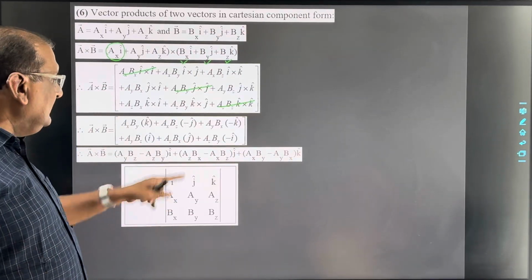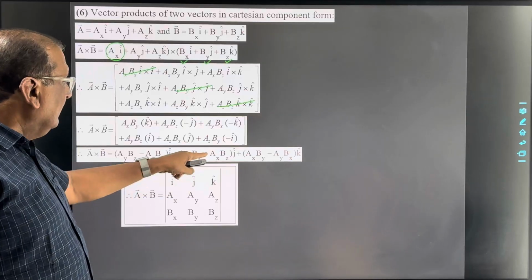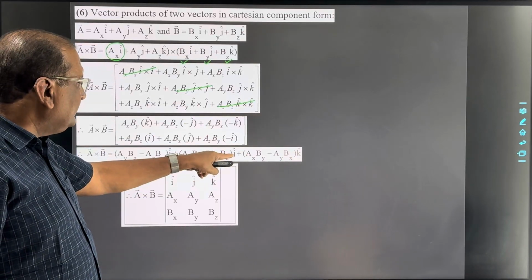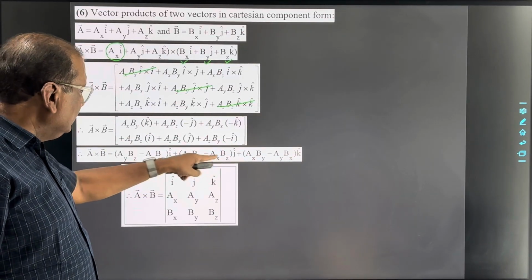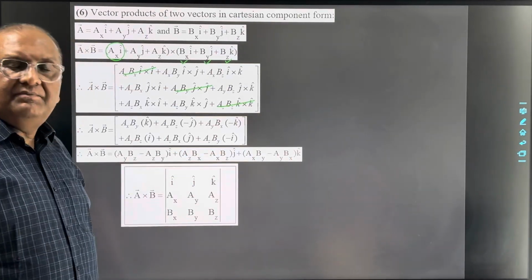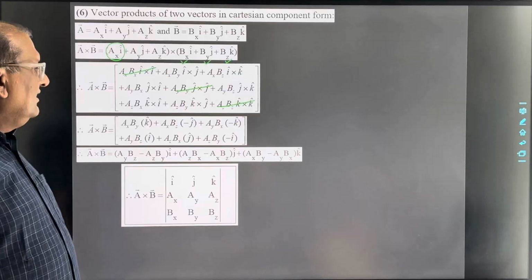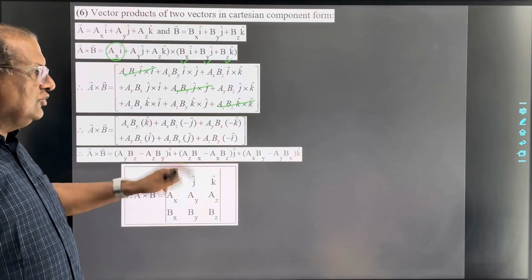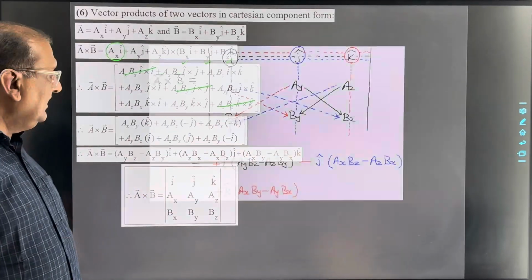So remember, in that case, when you take J with negative sign, then AX BZ will come first, then minus AZ BX. Now let's understand how to solve this particular determinant.